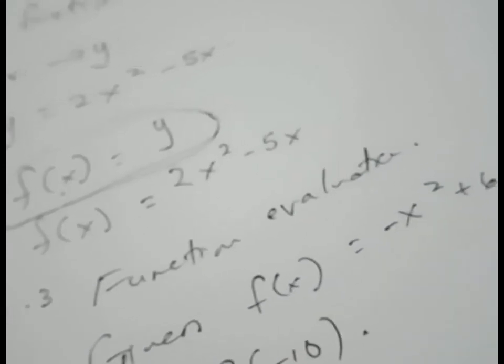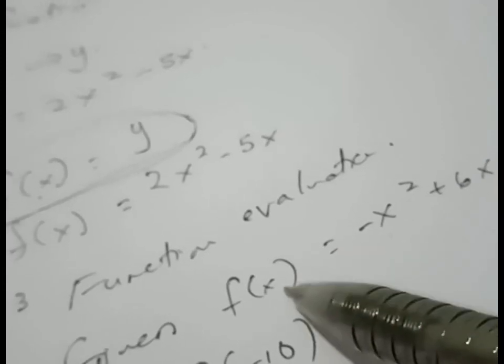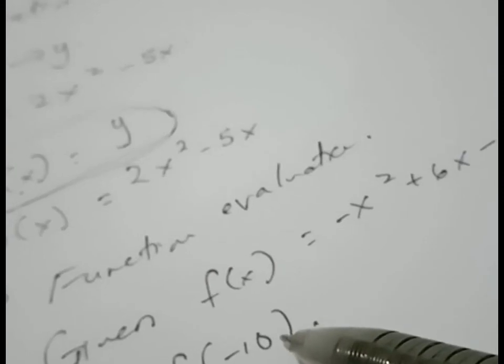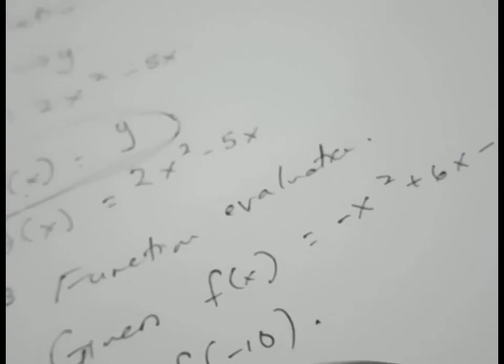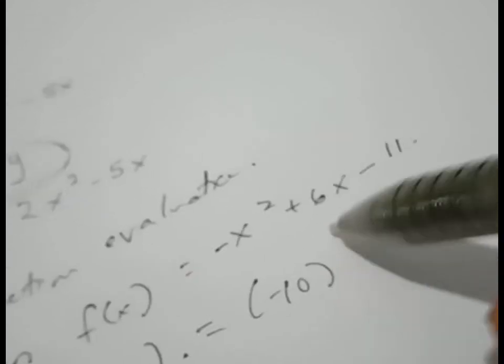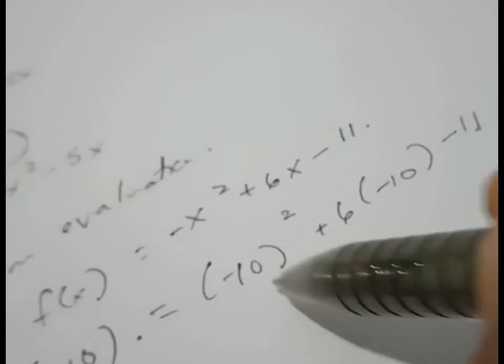We need to find the new value of f when x is replaced by minus 10. So we have minus (minus 10) squared plus 6 times (minus 10) minus 11. Simplify this. Answer is minus 171.